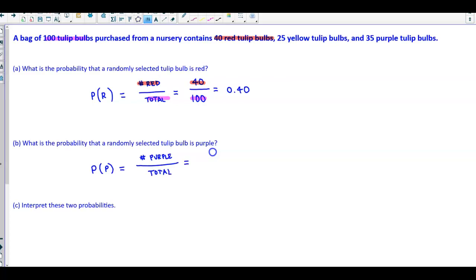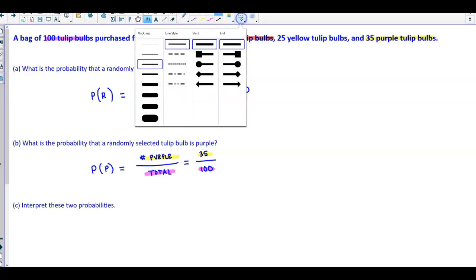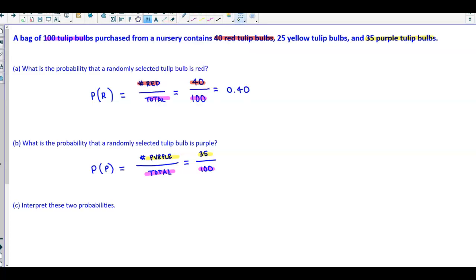The number of purple tulips is 35, and again we're dividing it by the total of 100, and therefore we end up getting a probability of 0.35.